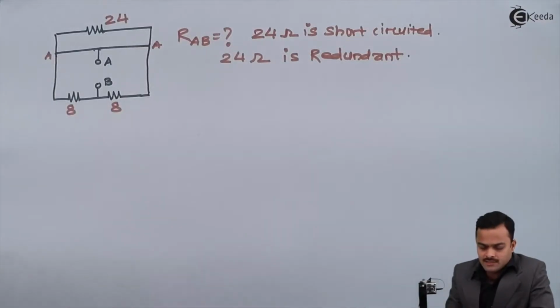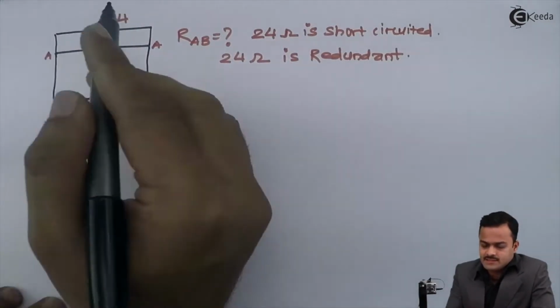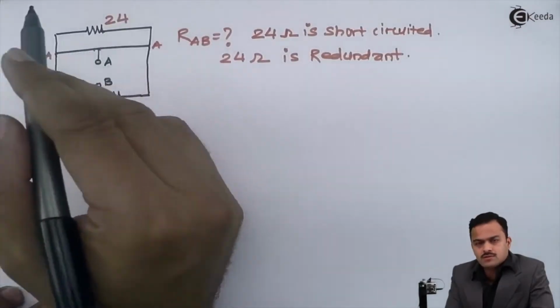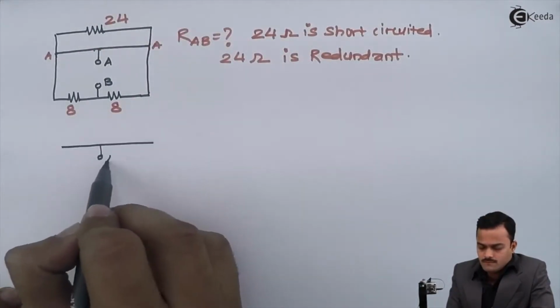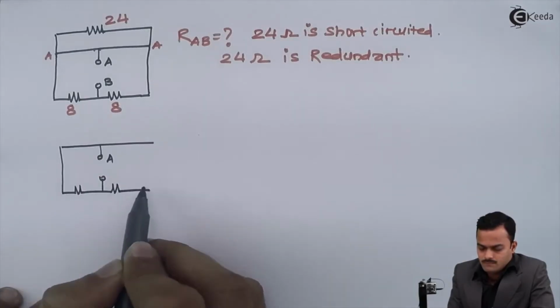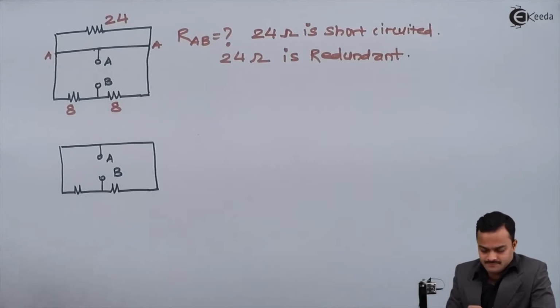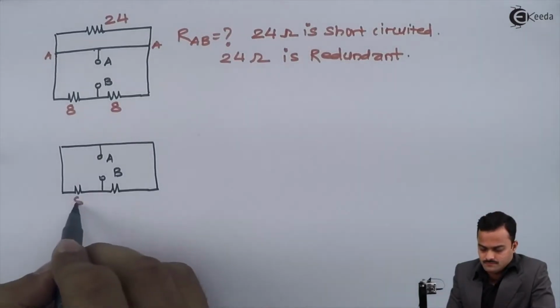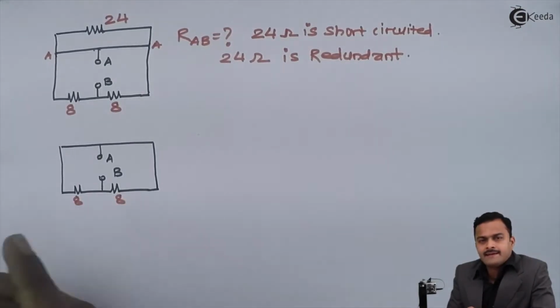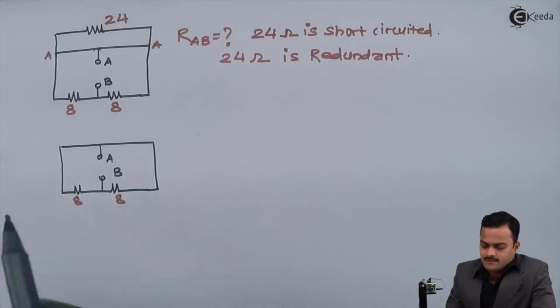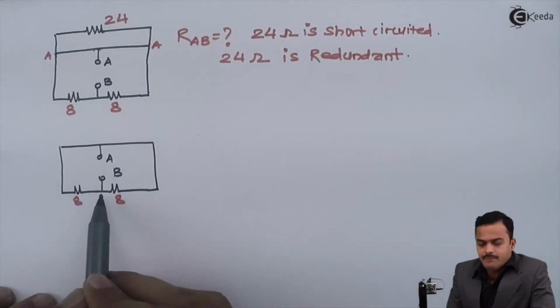So the actual circuit will look like this. This 24 ohm is redundant, so it's gone. So the circuit will actually look like this, and I can get a direct answer between points A and B.